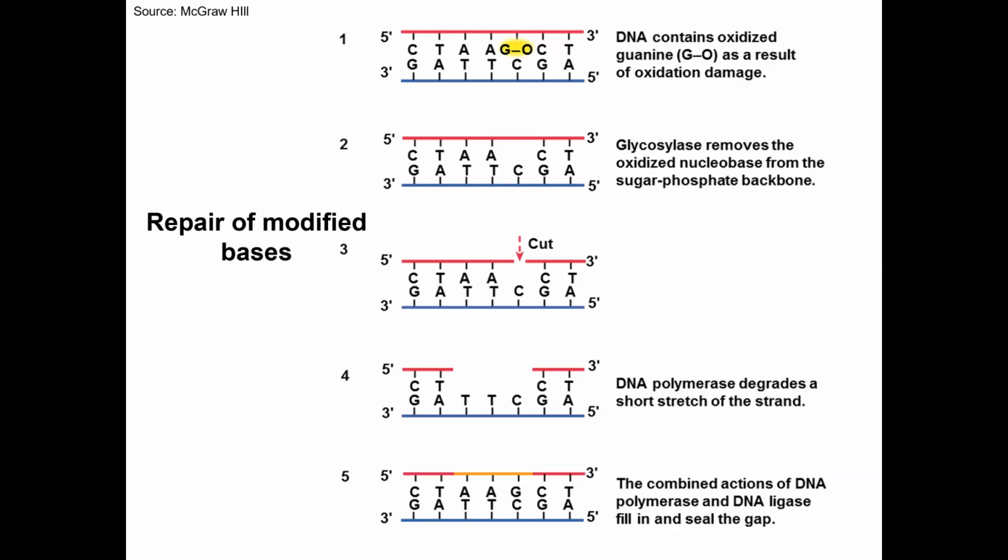So here you can see I'll cut this backbone to start. But once they remove it, look what happens. Same series of events. Cut out the region surrounding the gap, fill in the space with correct DNA, seal it up. So with most repair systems, it's all the same. Find the mistake, cut out the mistake, fill in the right DNA, seal it up. It's just a difference of what the mistake is to start.